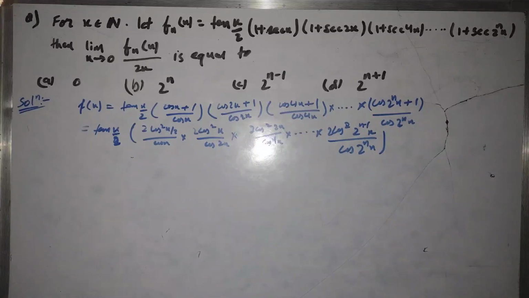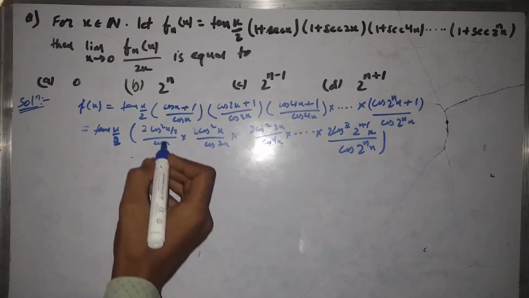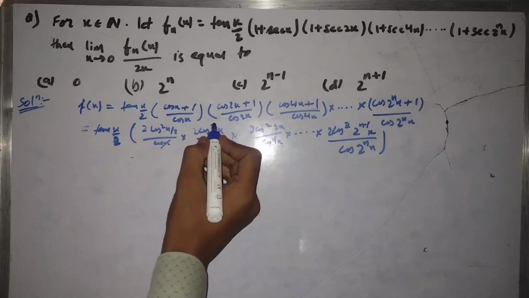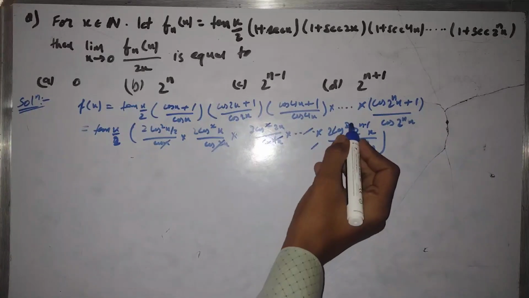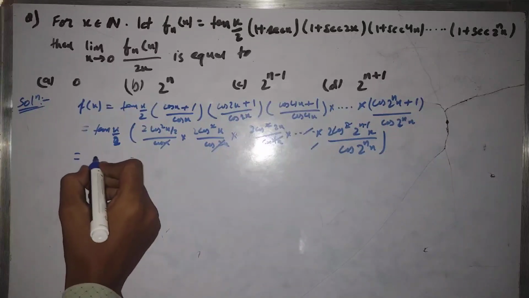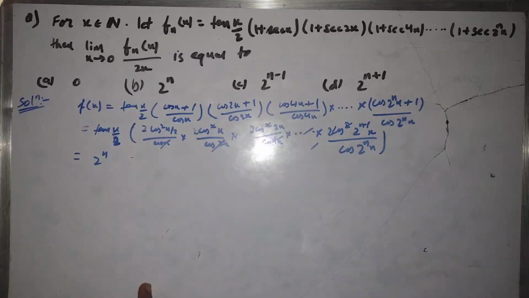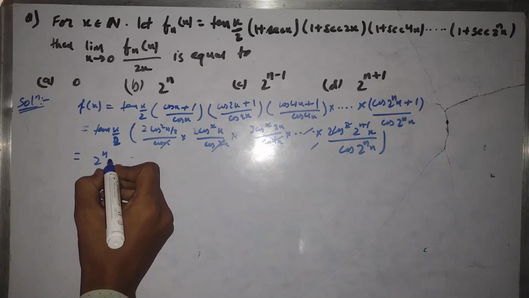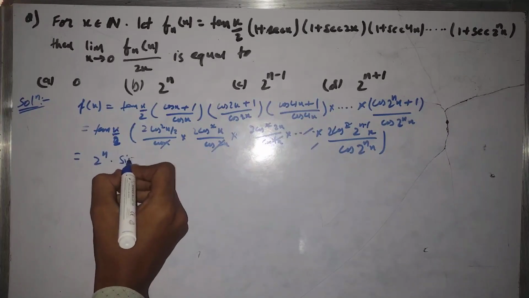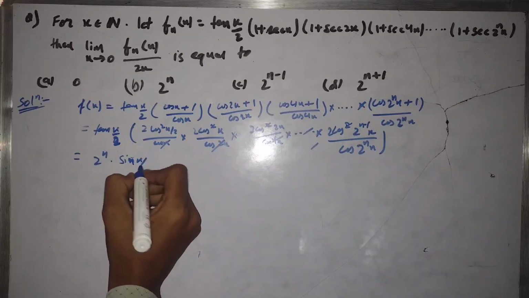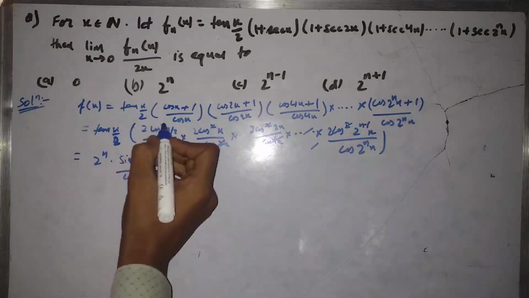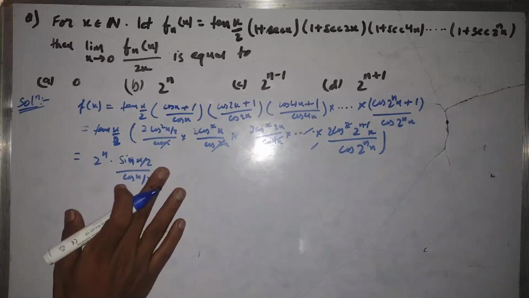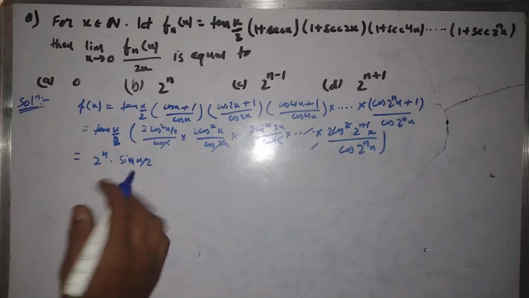Now we can see that every term is getting cancelled here. So this will cancel. And this is 2 to the power n, because 2 is getting multiplied n times, and here we have sin x by 2 upon cos x by 2. So this cos x by 2 will cancel the cos x by 2 also. So I'm just going to write sin x for simplicity.